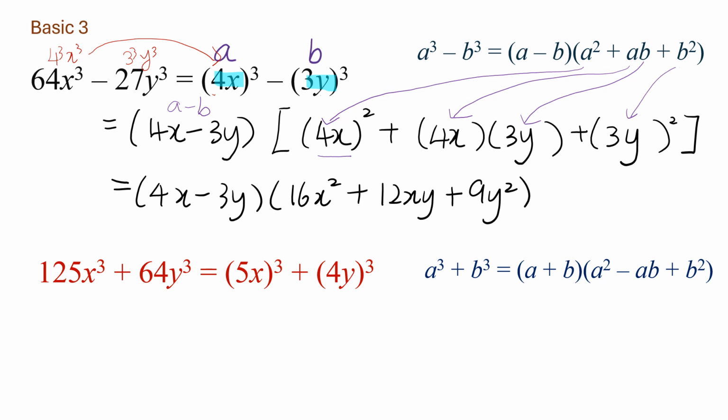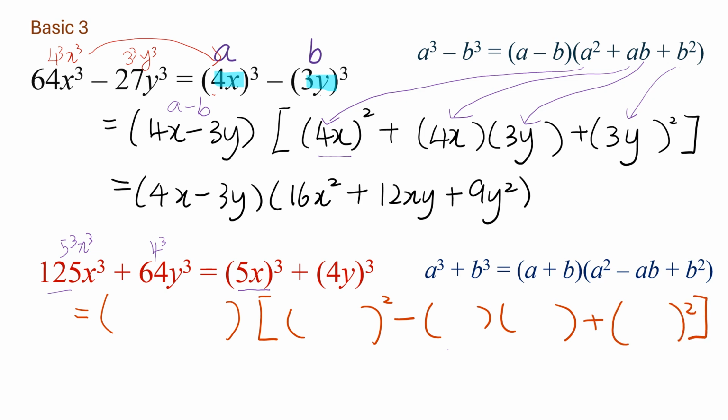Alright, for the second one, similarly, we can rewrite 125 as 5 cubed, x cubed, combine them to get this. 64 can be expressed as 4 cubed. The next step is the same: put in the brackets. We have one bracket for your a plus b, because we're using sum of cubes. And take note of the signs. If we're using sum of cubes, it goes plus, plus, minus, plus.